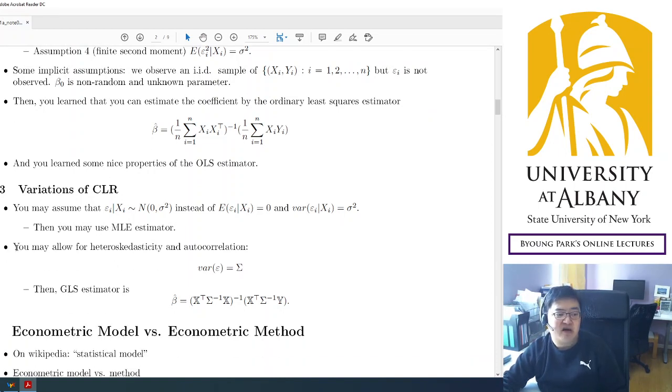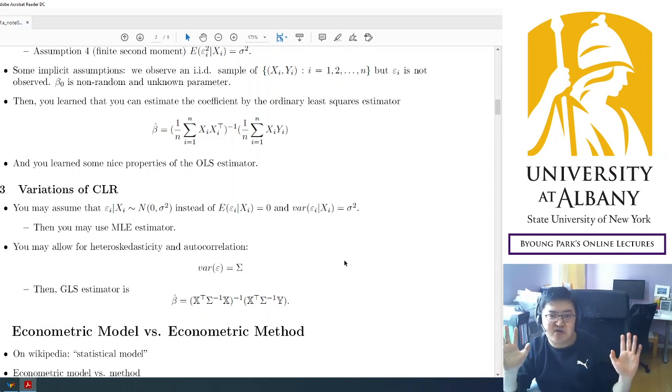And you may allow for heteroscedasticity or autocorrelation, which means it relaxes this assumption. So you may just assume that the variance of epsilon is a general matrix. So it violates the identical and independent distribution assumption. So epsilon may be correlated. Epsilon may have heterogeneous variances.